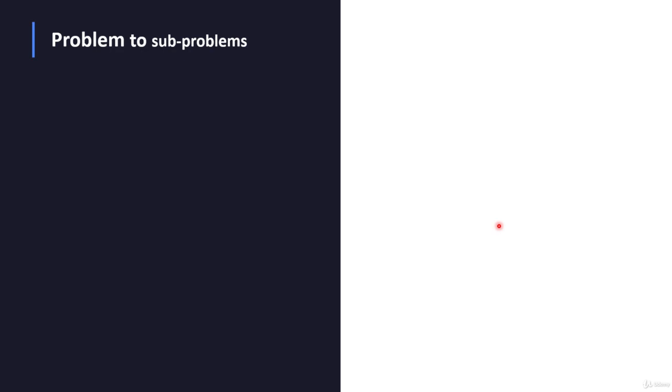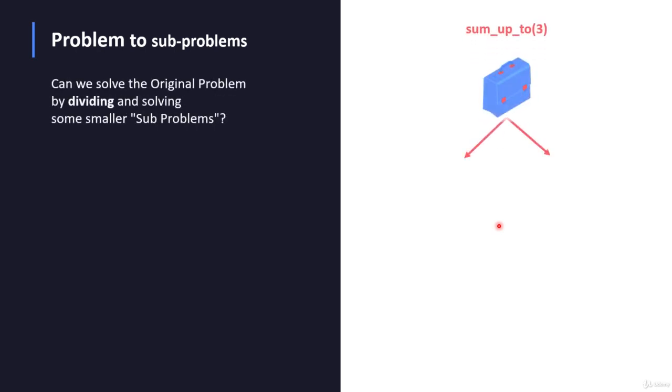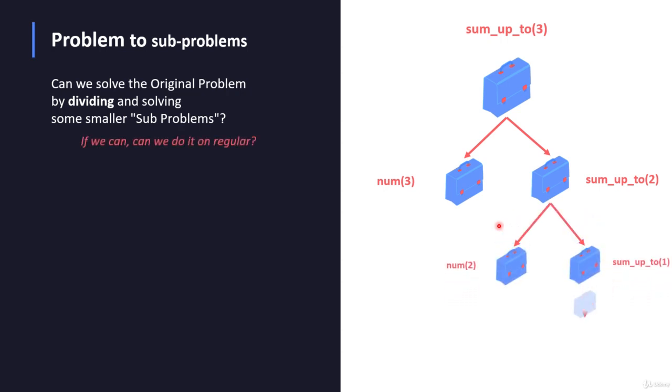So we have to think about the following question when working with recursions. Can we solve the original problem, the bigger problem, if we would have divided and solved some smaller sub-problems? And if we can, can we do it on some regular basis?